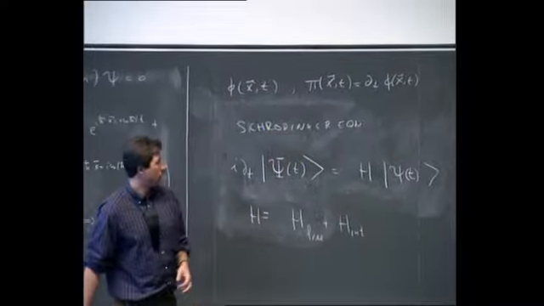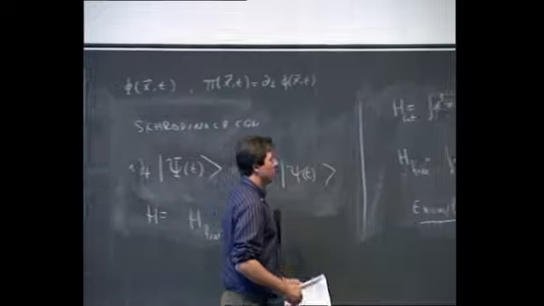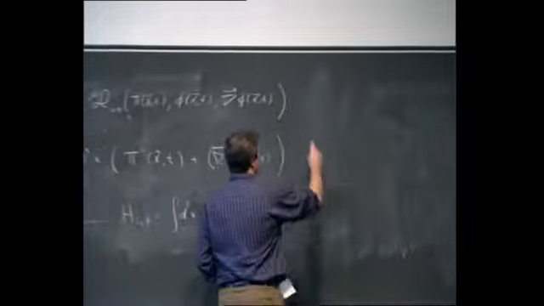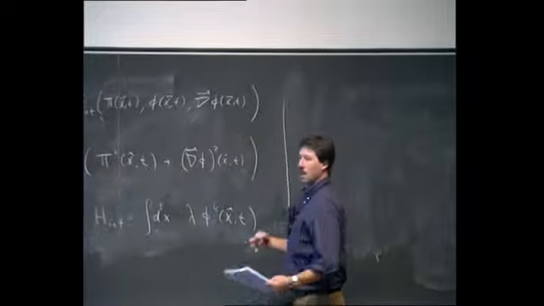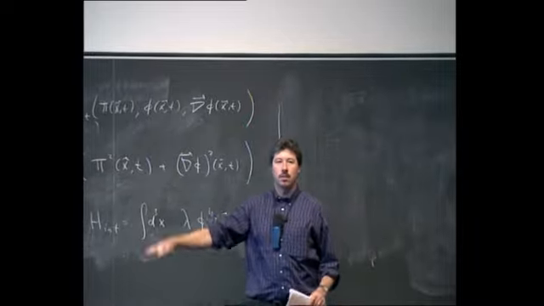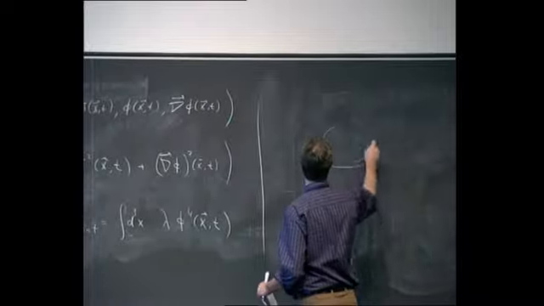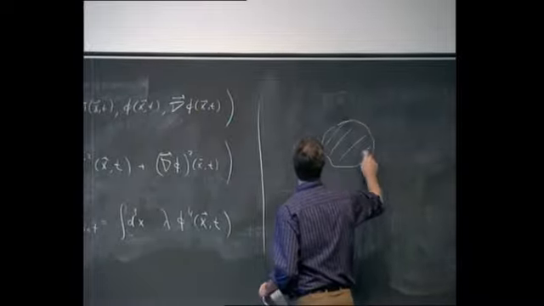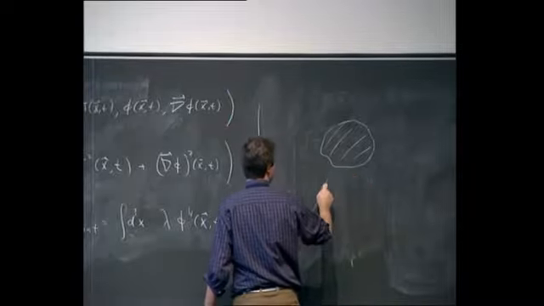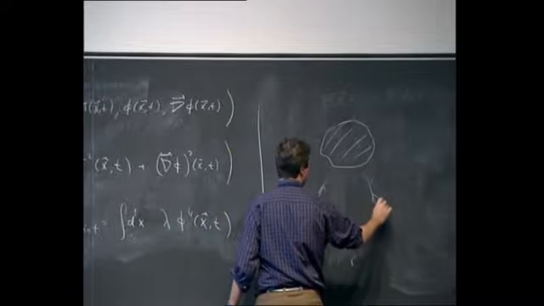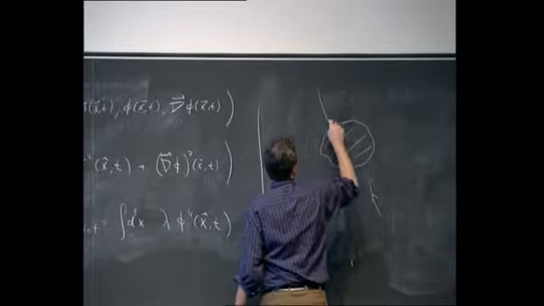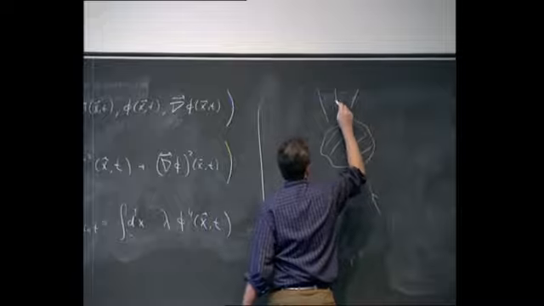So the way that we're going to look at this is by looking at an in state, and we're going to actually idealize this a little bit. We're going to look at the state which is far away in the past, so we have some interaction happening in a certain region of space, and then before that we had some particles coming in, and finally we have some other particles coming out.